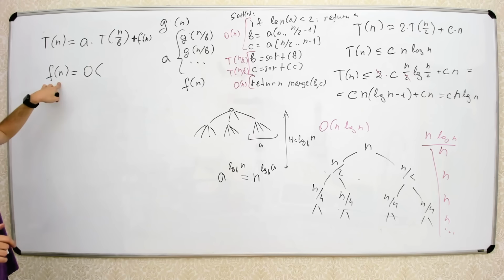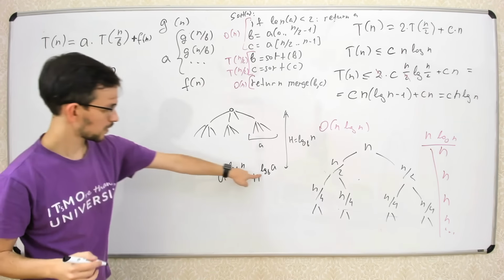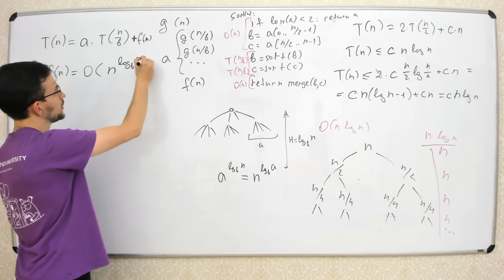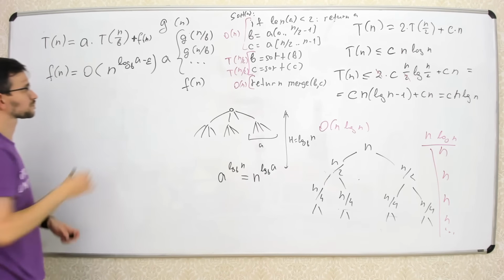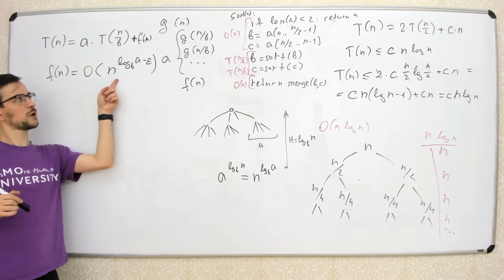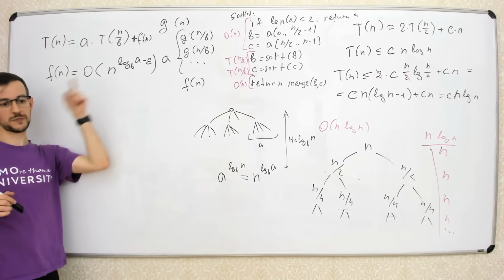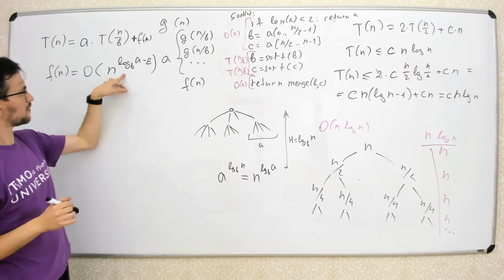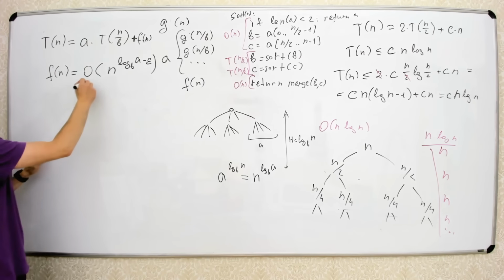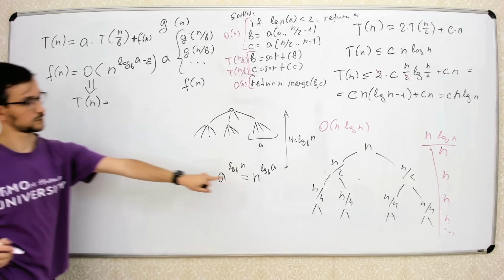Let's say f of n is big O of n to the power of log base b of a minus epsilon. So it is some polynomial of power less than log base b of a. So it is much less than this polynomial. Then the time complexity will be this.